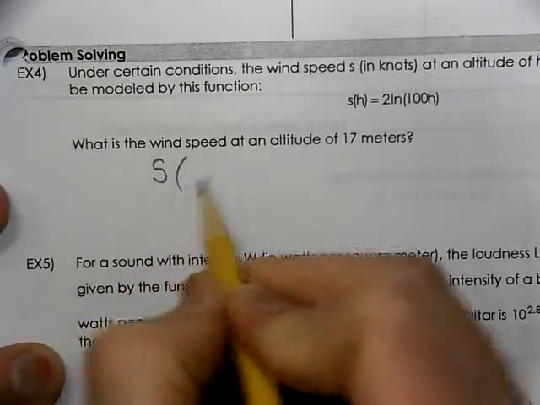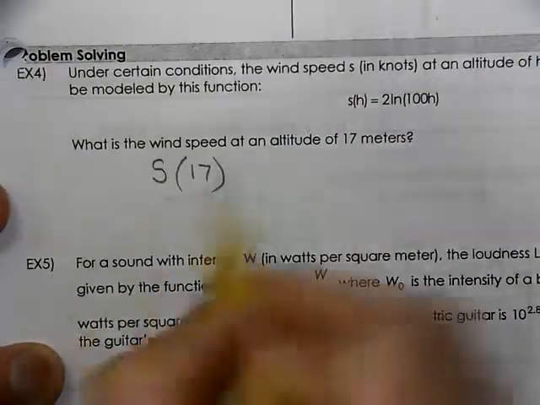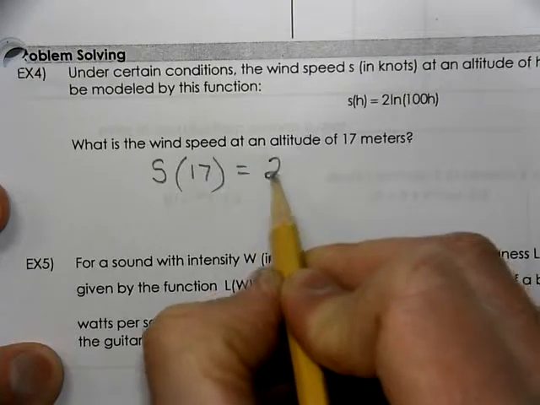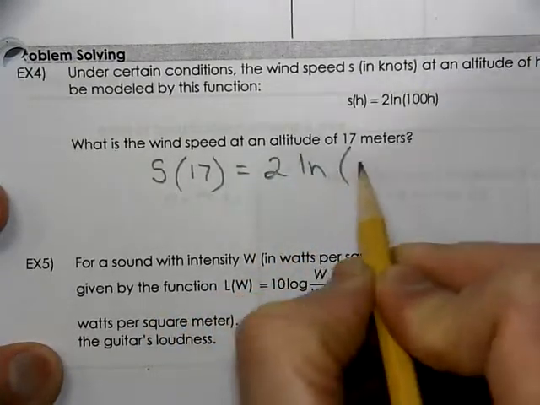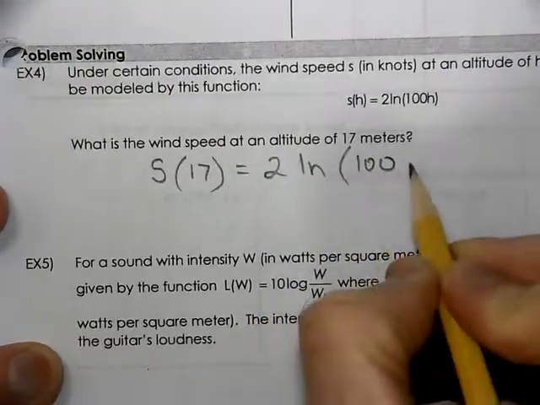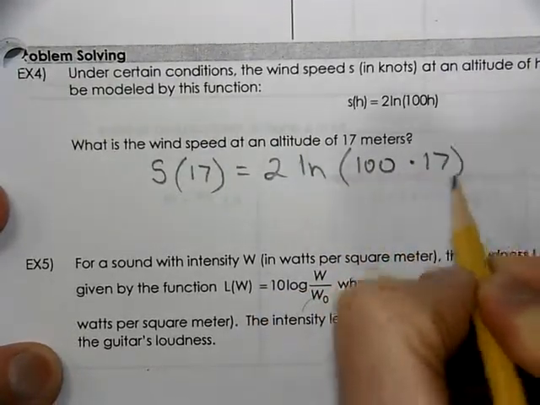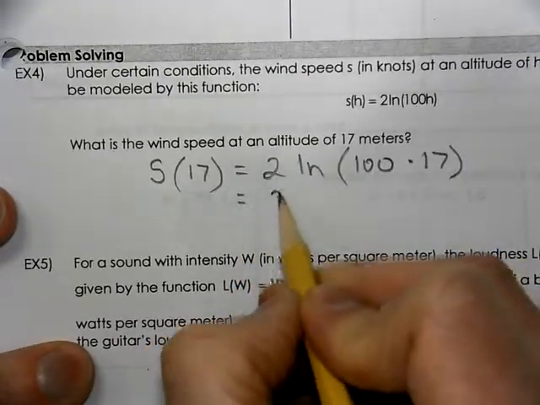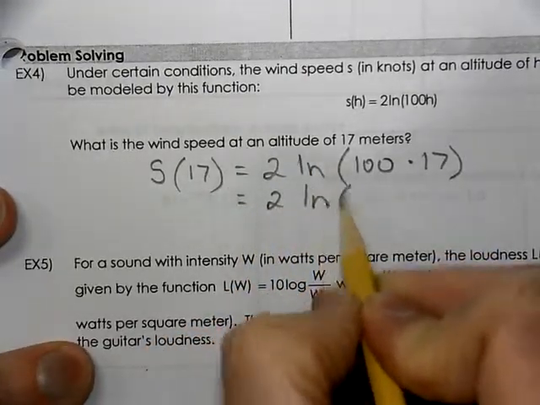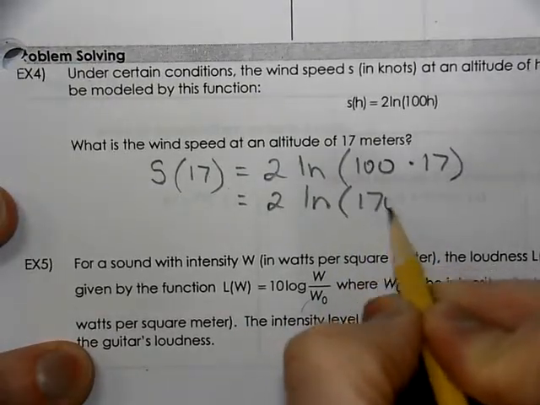So, what is the wind speed? That's S. When the height is 17, that means you're going to do 2 times the natural log of 100 times 17. That's going to come out to be 2 times the natural log of 1700.